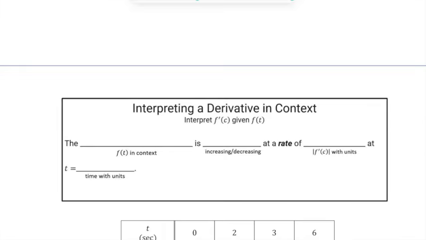So filling this in, we'll say the height of the sunflower is it increasing or decreasing? Well, we were at positive 9, so we're going to say increasing at a rate of, what was it? It was 9. But again, use units. It does say use units.